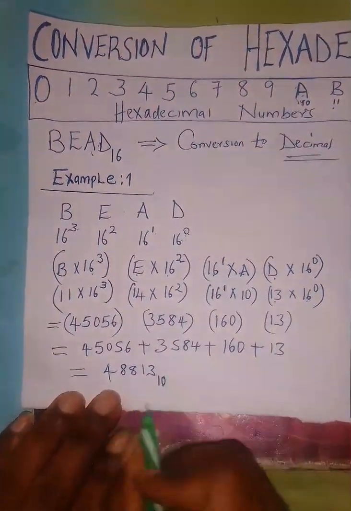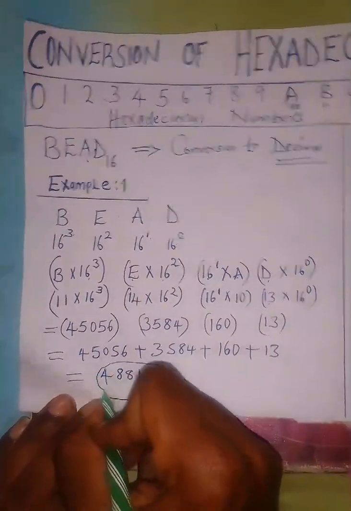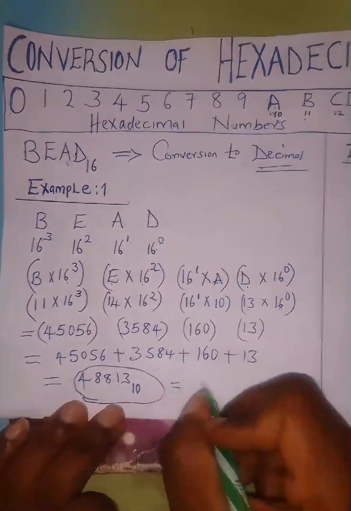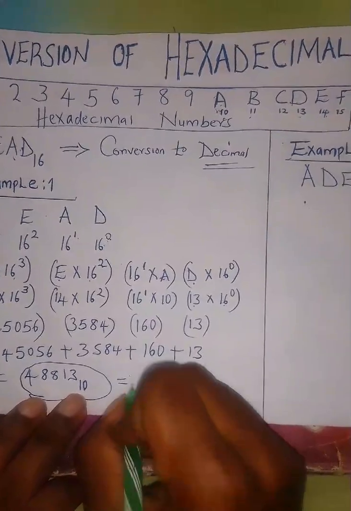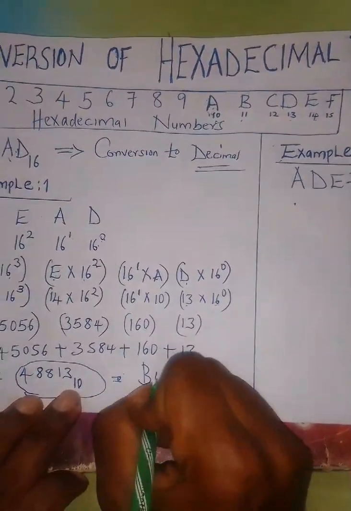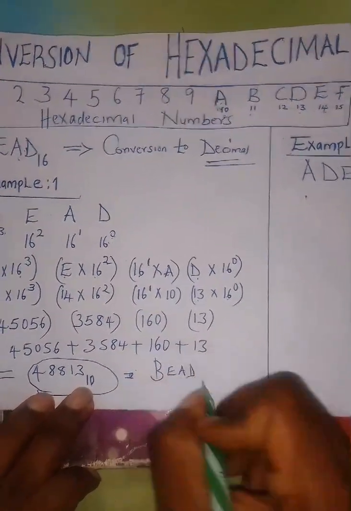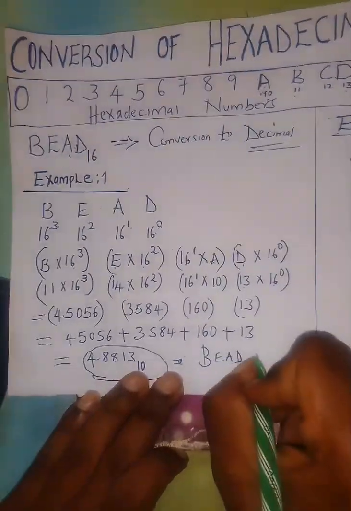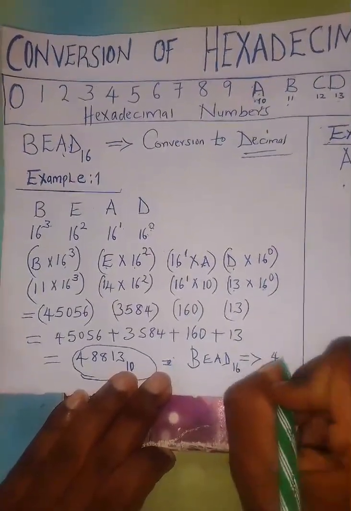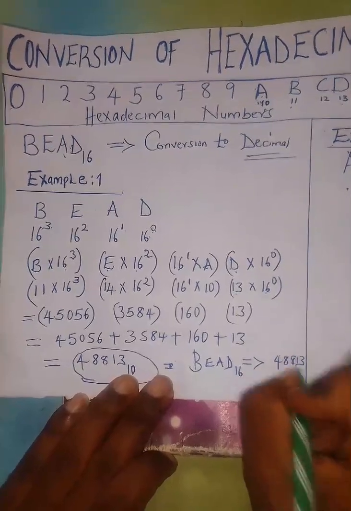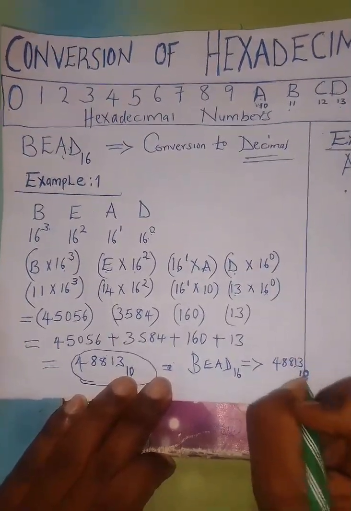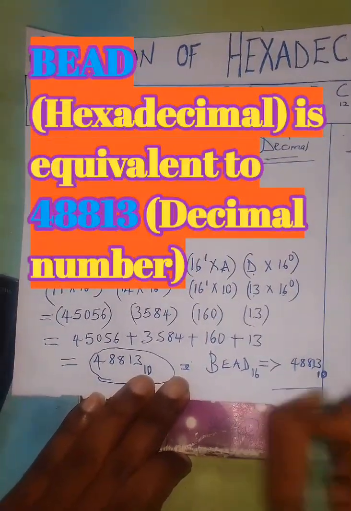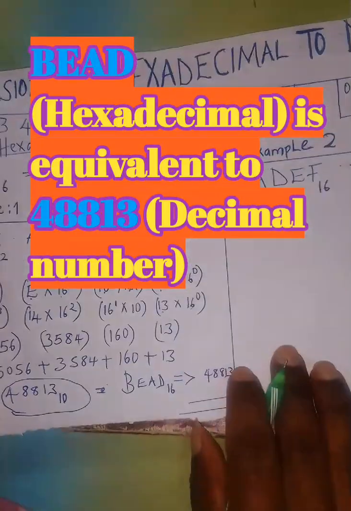Base 10. So this is our decimal. So our number BEAD in hexadecimal is equivalent to 48,813 in decimal. That's it.